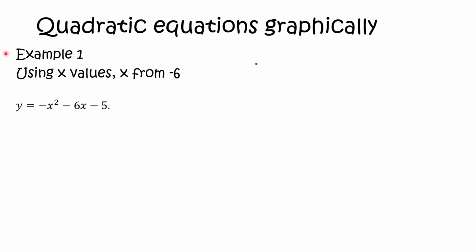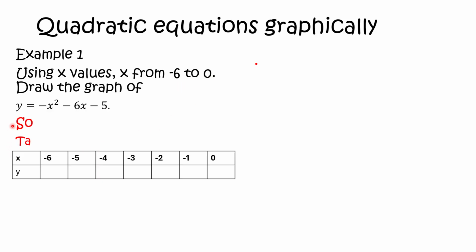Example 1. We are asked to draw the graph of y is equal to minus x squared minus 6x minus 5, ranging from minus 6 to 0 on the x-axis. So the first thing is to construct a table of values. So our x is from minus 6 to 0. Then we have to compute the y values.